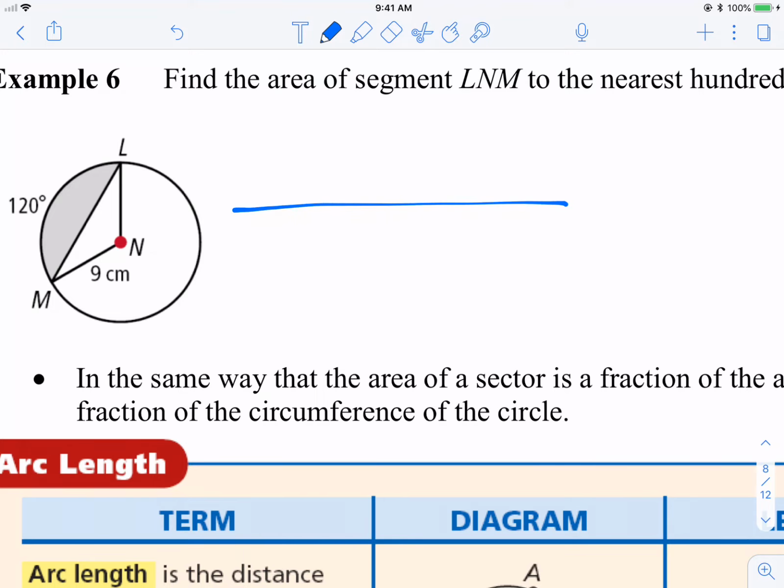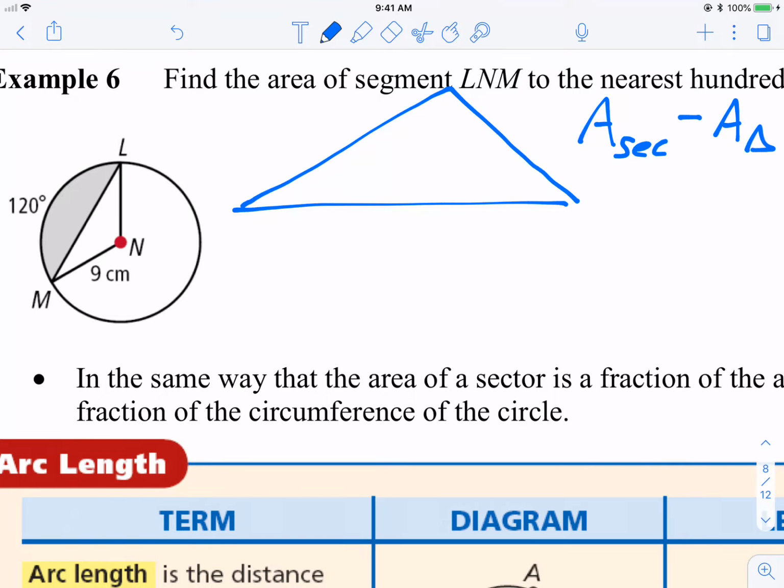I'm going to pull out this triangle, because we know that in general to find the area of that shaded segment, we need to take the area of the sector, which we just talked about finding, and we're going to subtract away the area of the triangle.